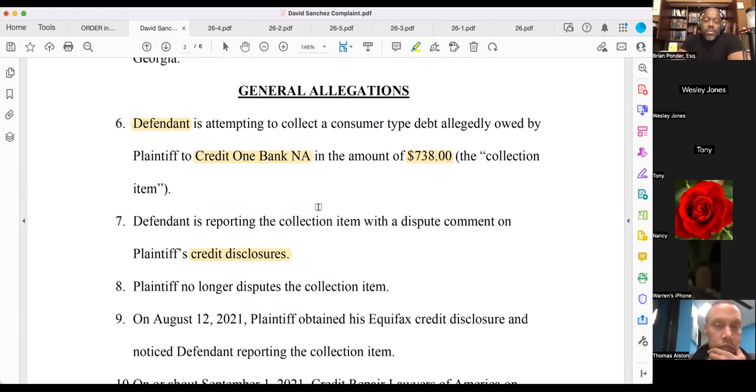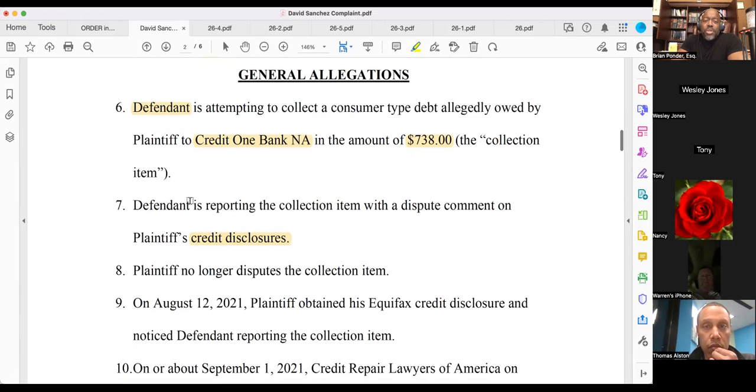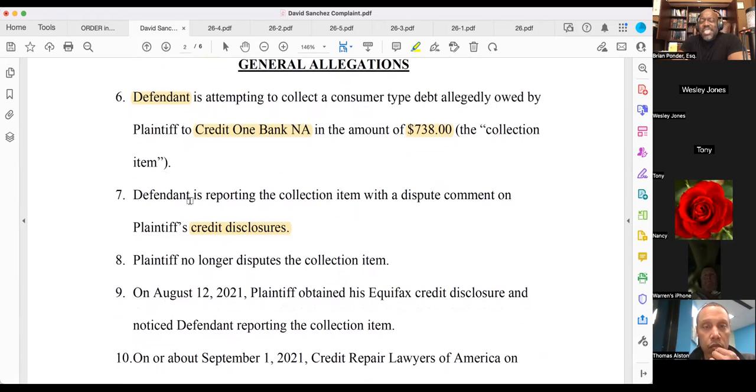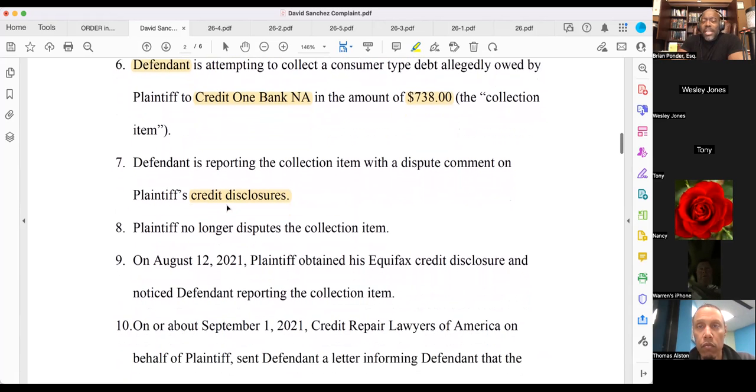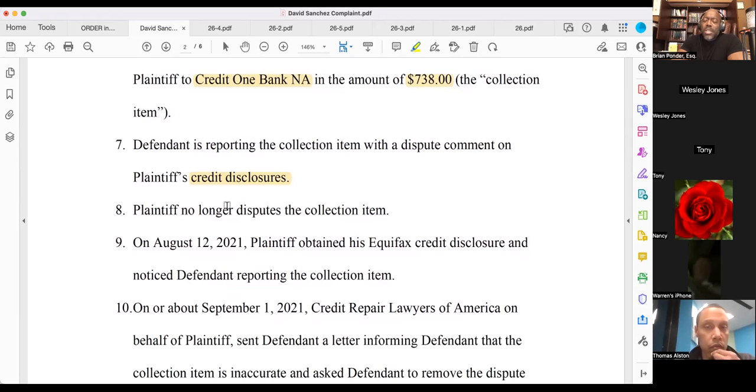Wouldn't it be nice to say before that the plaintiff disputed it? So you see how this is sort of arranged in a scattered way, because we were talking about the defendant marking it disputed here, number 7, but we don't know why. So we have to read and come back and say, oh, that's why. So be careful about telling the story in this particular order.